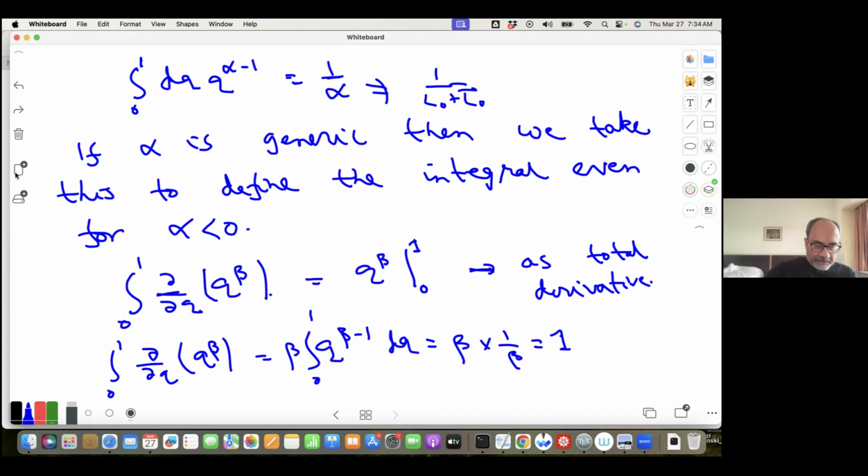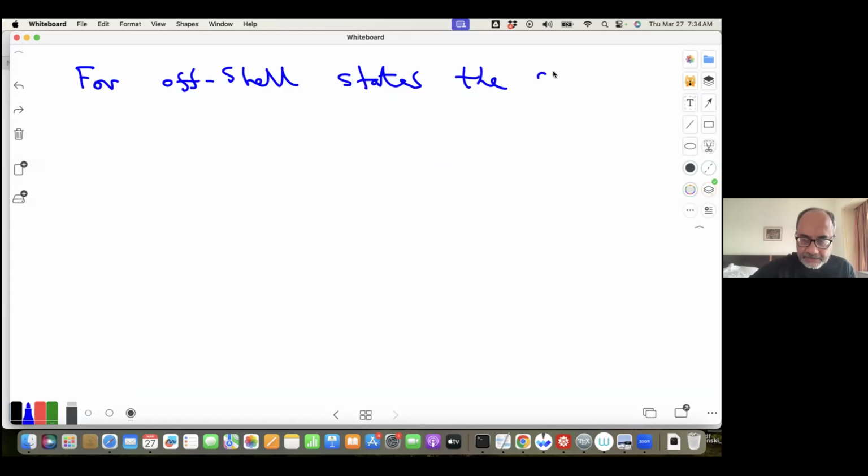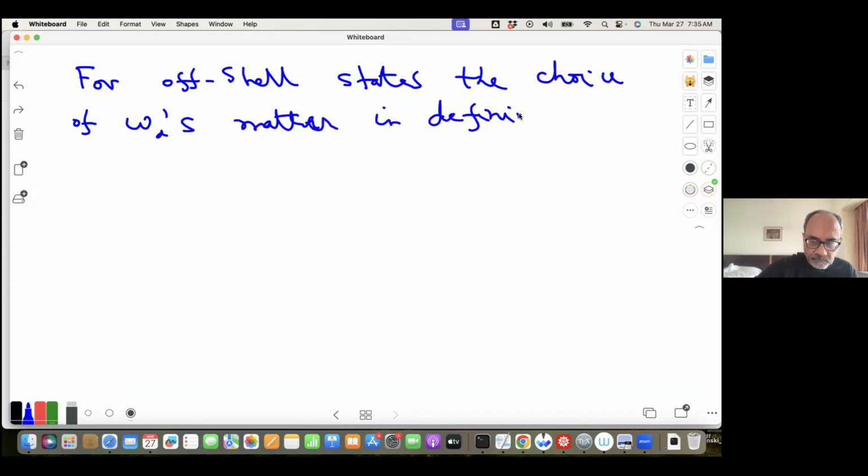Now I don't want to go into this in too much detail, but just to answer Kaustubh's question, for off-shell states the choice of local coordinates WS matters.